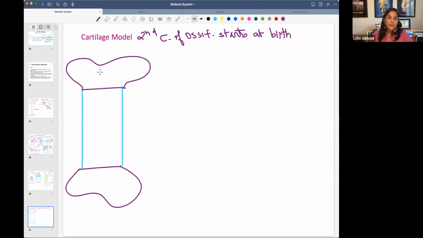Okay, so secondary center of ossification takes place in the center of each epiphysis. That's it. And you're going to have the same story.